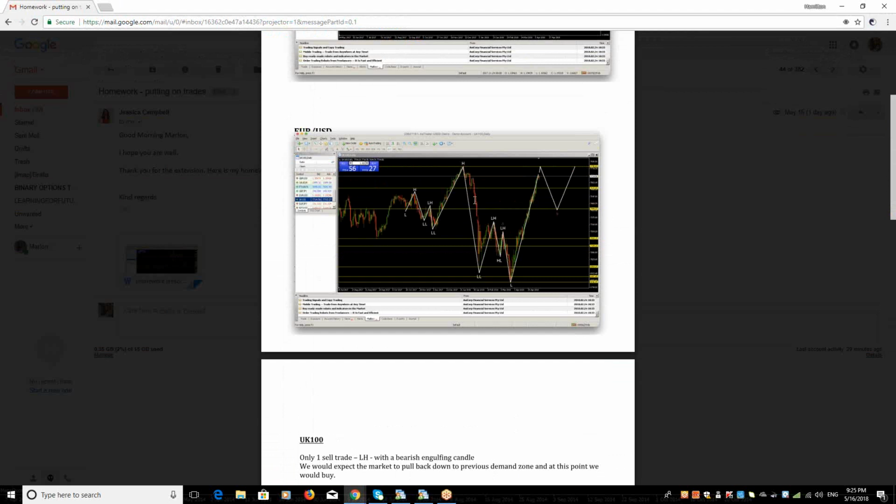I would say nothing less than a profit target of probably 250 and above. So where the demand zone is there, if that move was less than 250, you would have done what I did and gone all the way down.